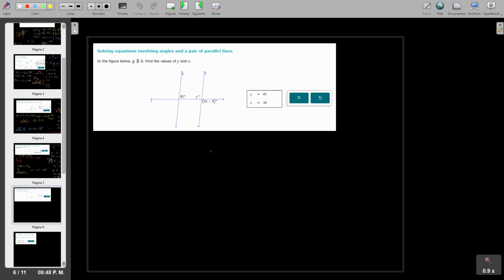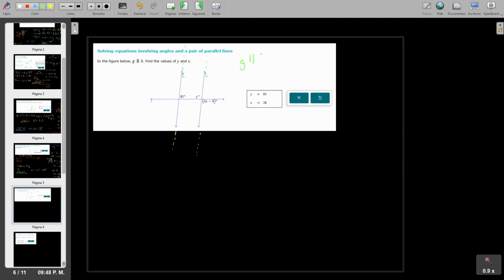Yes, this one is easy. They are giving us that the segment G, in this case this one, and this one, H, are parallel, which means that they are not going to be intersecting. This is the meaning of being parallel.